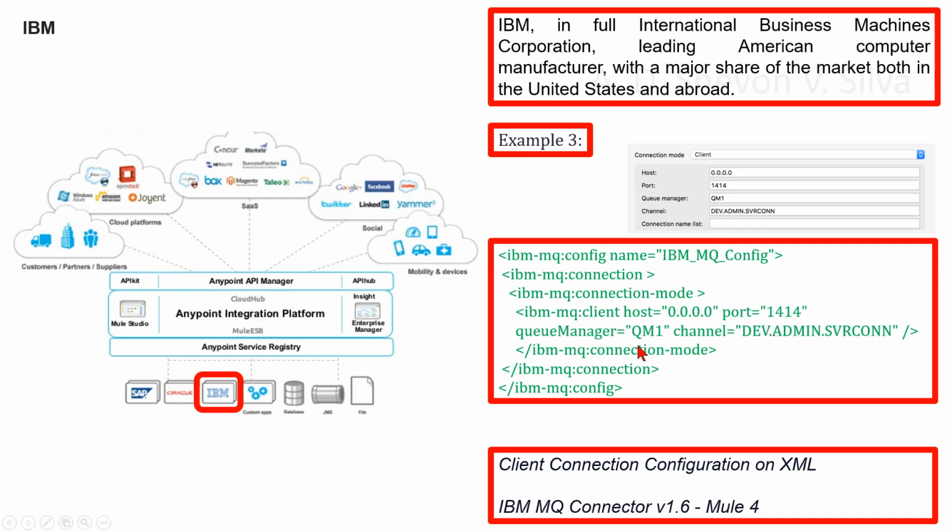Queue manager: the queue manager used when selecting a channel definition. Channel: name of the channel to connect to, dev.admin.svrcon. Connection name list: host to which the client attempts to reconnect after its connection is broken. The connection name list is a comma separated list of host and IP pairs.